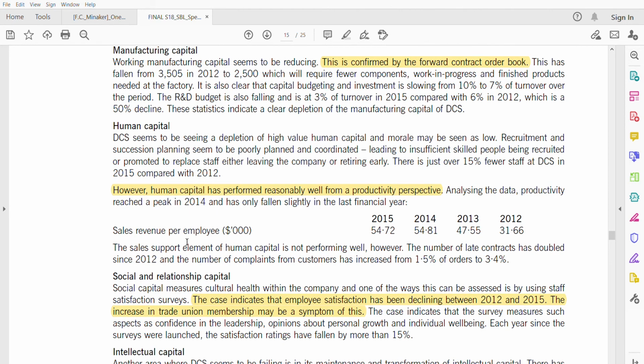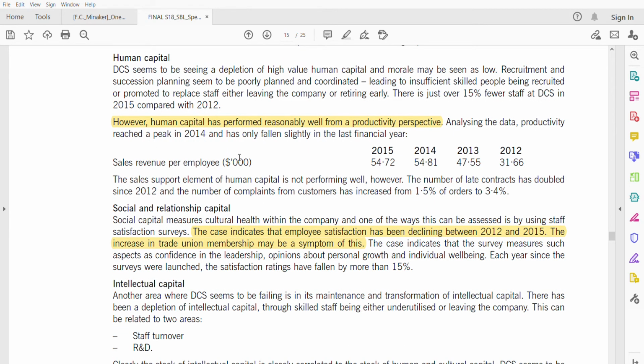And one more thing, for example, here it says revenue per employee. This is in $1,000. Whenever you don't want to write in thousands all the time, because most of you get confused when dealing in thousands or millions, maybe you might put one additional zero or one less zero. So to avoid that and to make it neat and tidy, rather than dealing with so many zeros, you can write it like this, so that we know this is in dollars, this is in thousands.